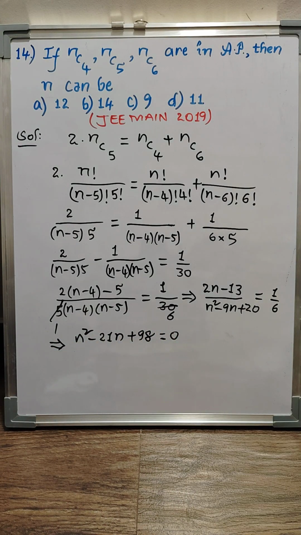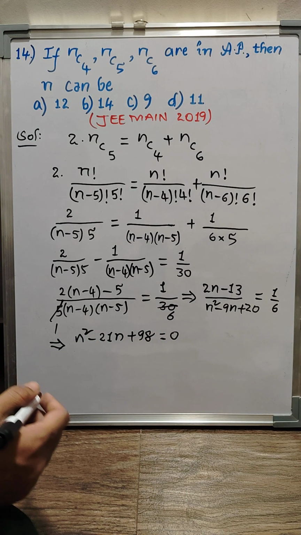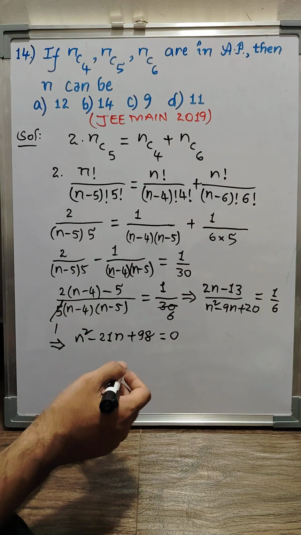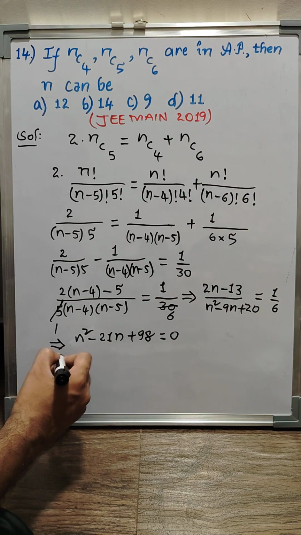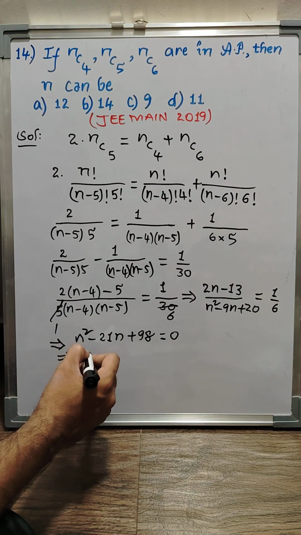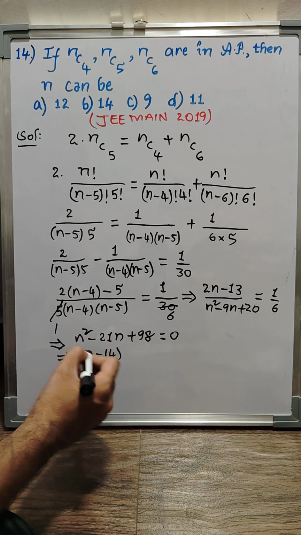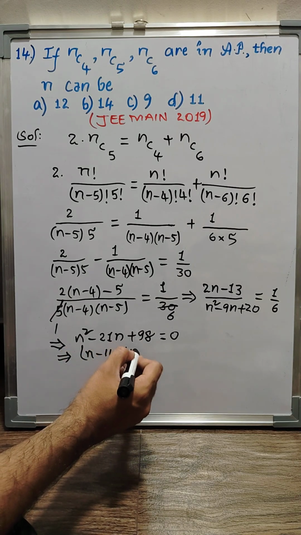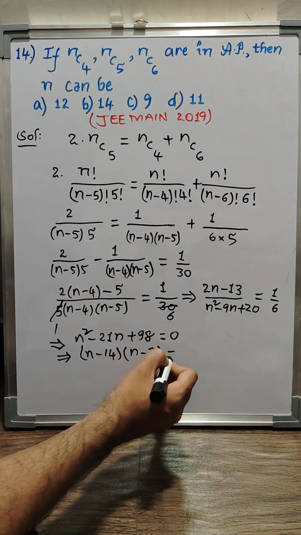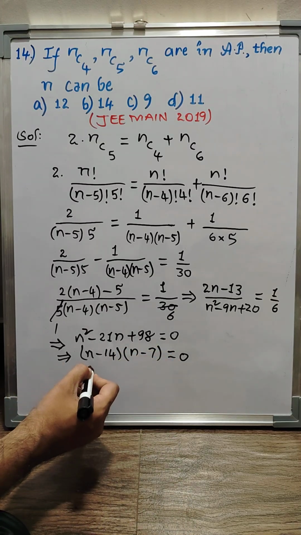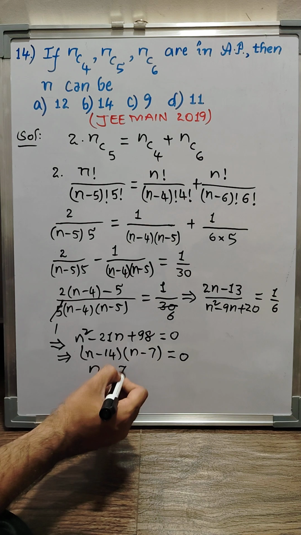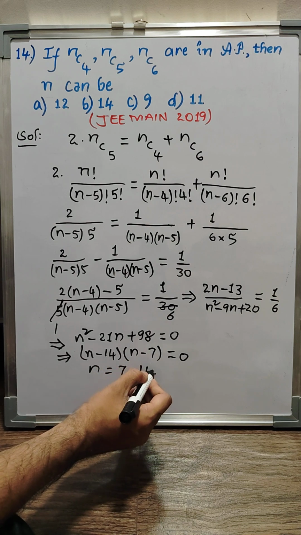And then we can have 14 sevens are 98. So this we can write as (n minus 14)(n minus 7) equal to 0, n equal to 7 or n equal to 14.